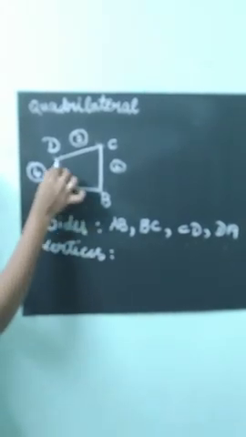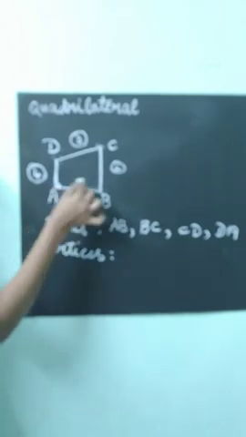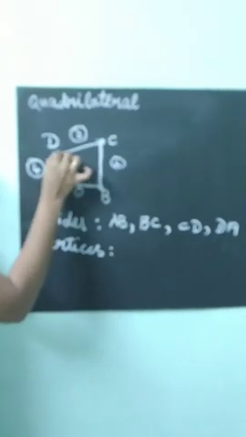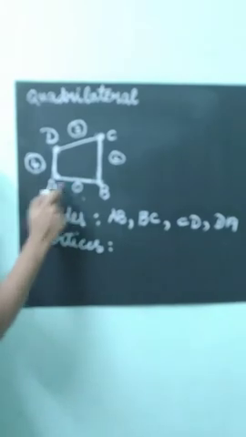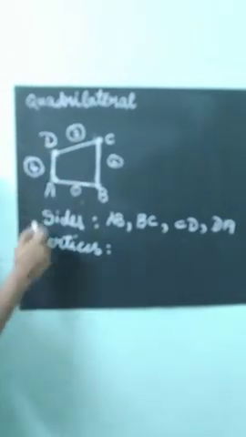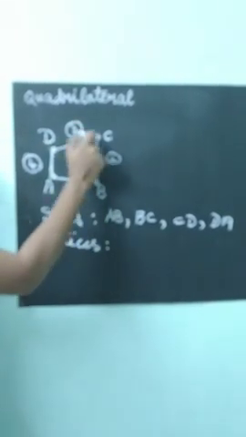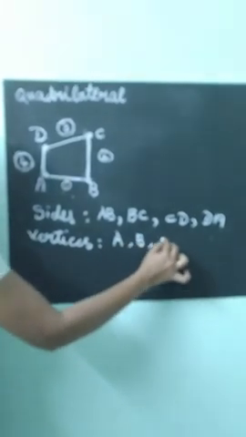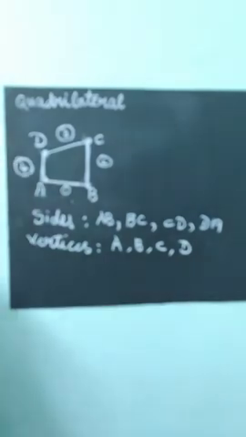How many vertices are there? 1, 2, 3, 4. A vertex is just a corner. And what are they? A, B, C, D.